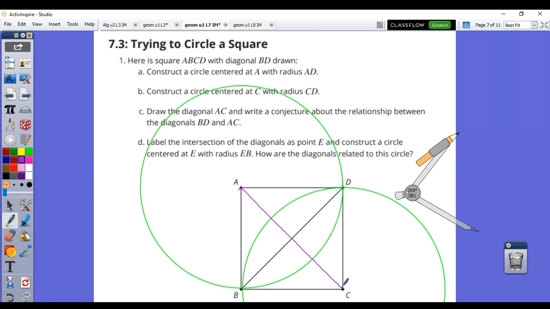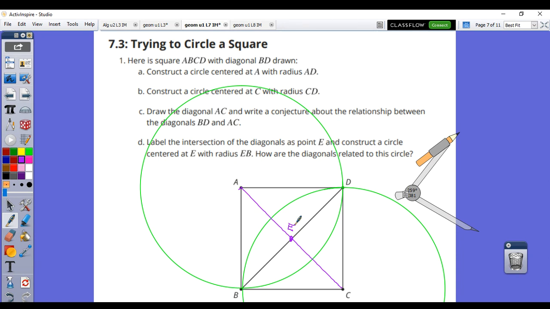What happens to me is it looks like those are perpendicular to each other. So we're going to label the intersection of the diagonals at point E. And they're actually perpendicular bisectors of each other, so they're both perpendicular and bisect. That's our conjecture, that's what we think is true.